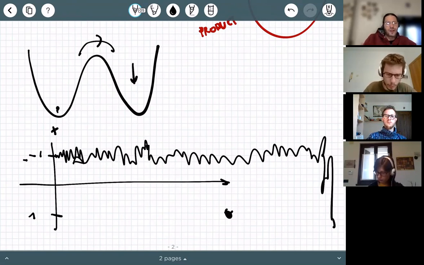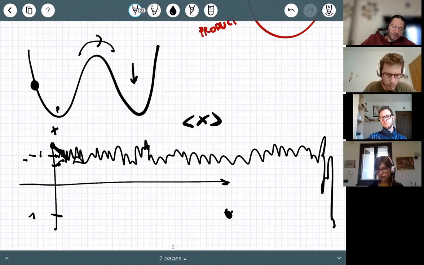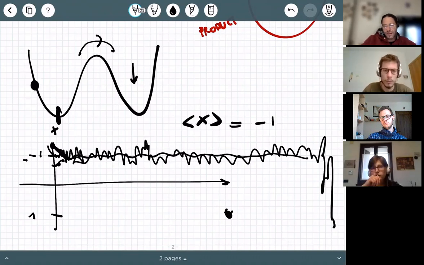Now, you can immediately see what is the problem. Suppose I'm interested in measuring one observable, for example, the average position, right? Then clearly, after a very short transient time, maybe I'm starting from here rather than from here, after a certain time, my average will converge to -1.